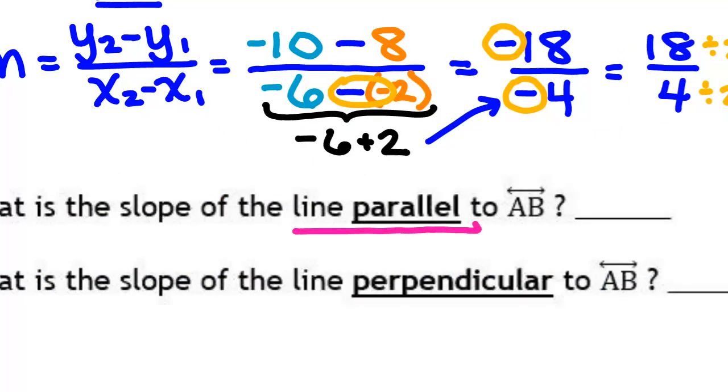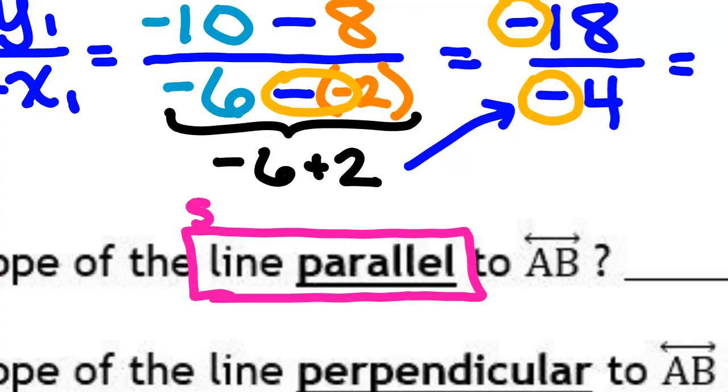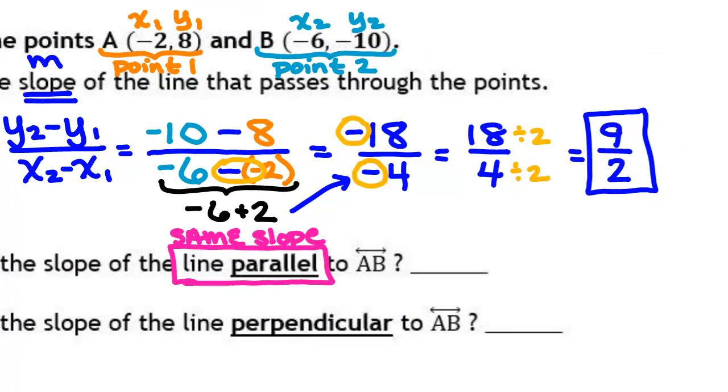For the line that is parallel to AB, this is going to be the same slope. So my parallel line has a slope of 9 over 2, exactly the same as the slope that I just found.